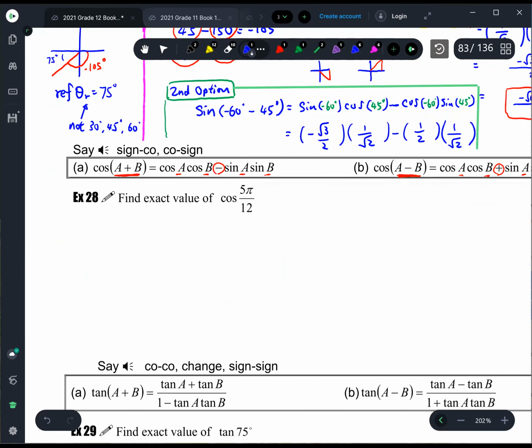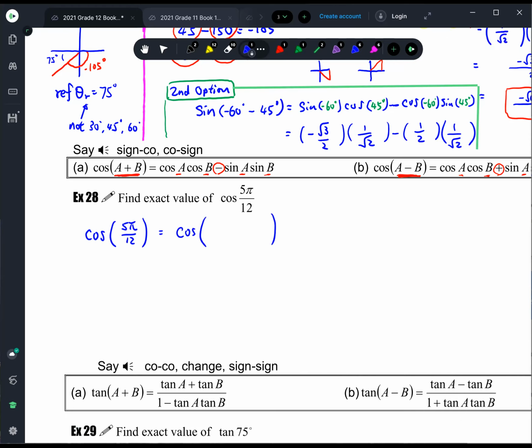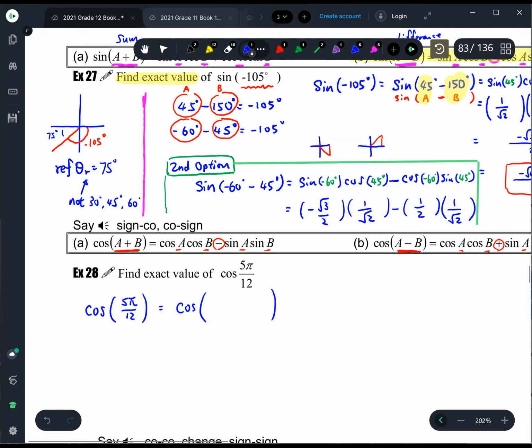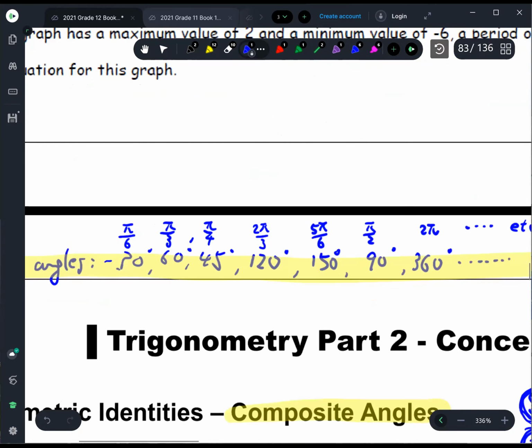So let's try again here. Think about cosine 5 pi over 12. How do I split it? Either using adding or subtracting to make 5 pi over 12. You pick from this list: over 6, over 3, over 4, over 2.